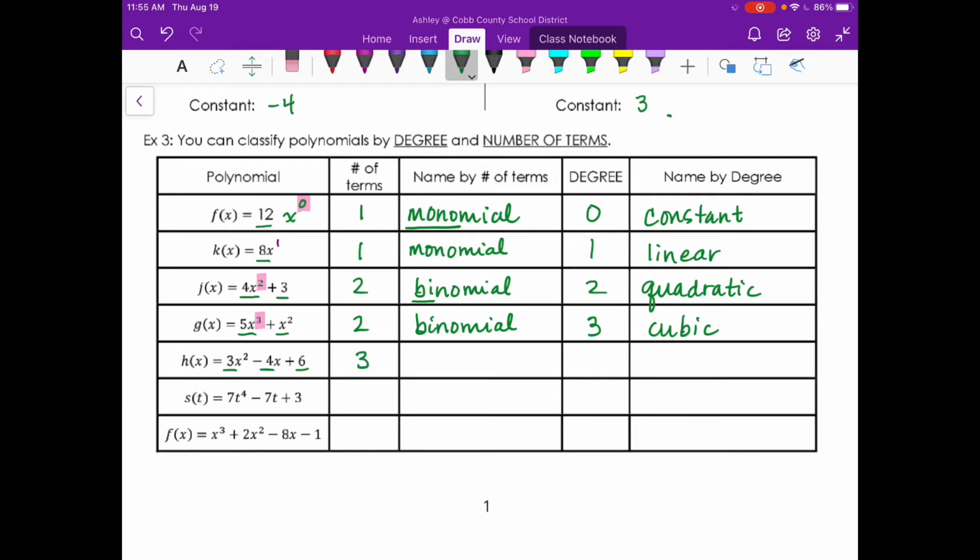And we call those, you probably guessed it, trinomials. Like a tricycle has 3 wheels. And our power, or our highest exponent, is 2. So back to quadratic again. For s of t, we have 1, 2, 3 terms again.